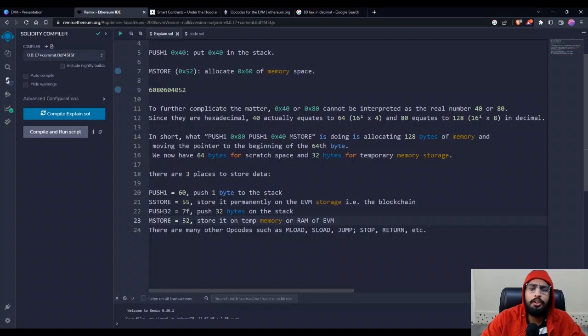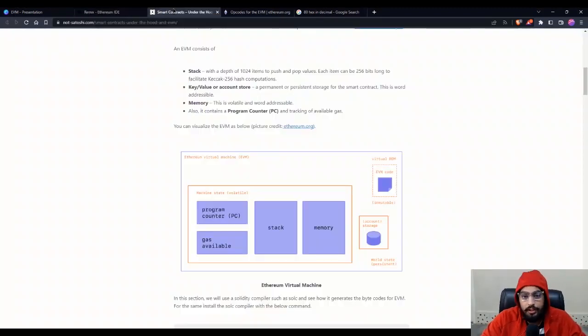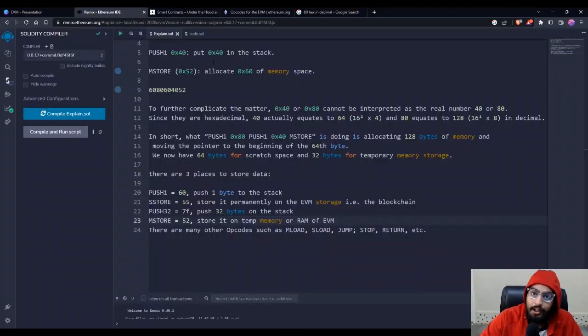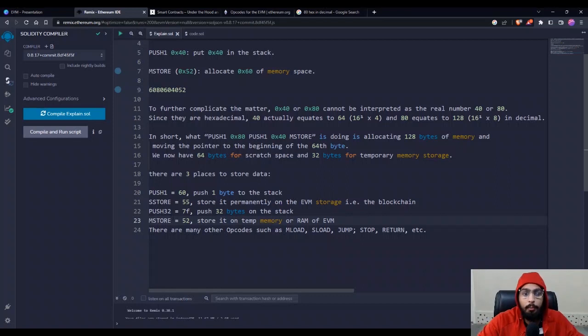So memory stores it in the temporary memory or RAM of the EVM. As we discussed, memory is the temporary one, that is non-persistent, also known as the RAM of EVM. So what this opcode is doing is storing your data in this MSTORE or our memory, right?